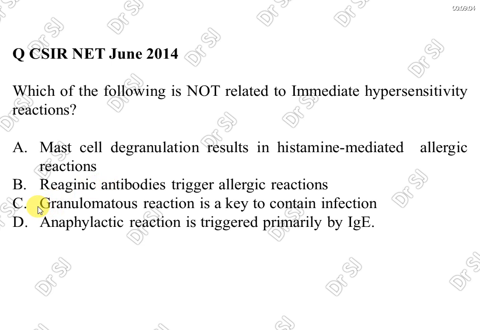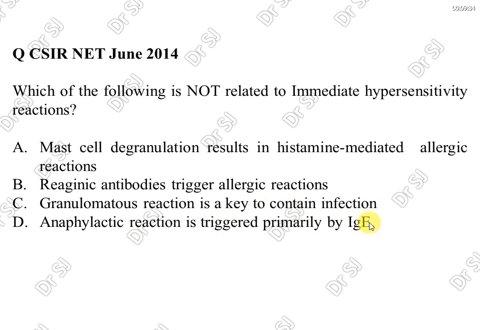Option C is granulomatous reaction is a key to contain infection. Now granulomatous reaction is altogether different from the hypersensitivity reaction. Though it is a way to contain the infection, it is not part of immediate hypersensitivity reaction. So option C seems not related to hypersensitivity reaction. Option D is anaphylactic reaction is triggered primarily by IgE.